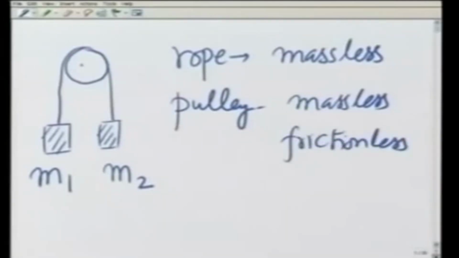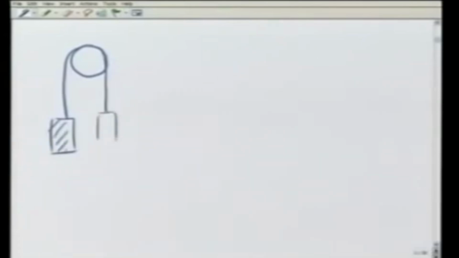You may have solved this problem time and again in your previous courses, but what I want to focus on here is how to really deal with it from the constrained motion point of view. And therefore, first thing I am going to do is see what is causing the constraint. The constraint is caused by this rope that forces the 2 masses to move together.